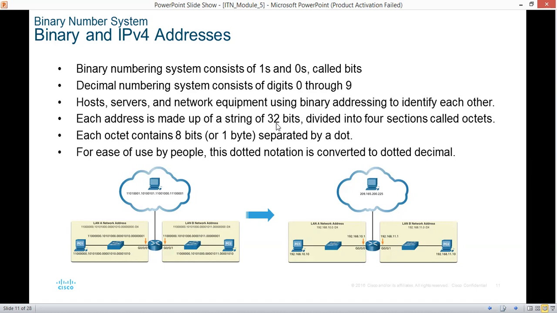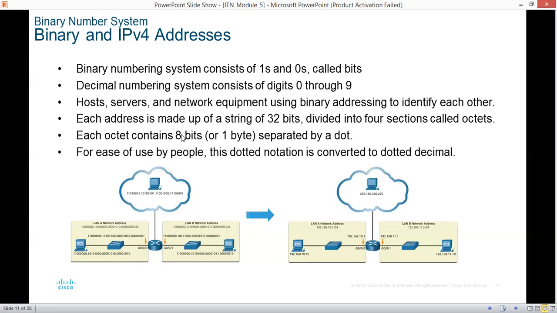When we say octet, the 1s and 0s combined are not beyond 8. So once you have 8 bits, it's a dot. Each octet contains 8 bits separated by a dot. The entire length of an IPv4 is 32 bits, but after every 8 bits, there's a dot.